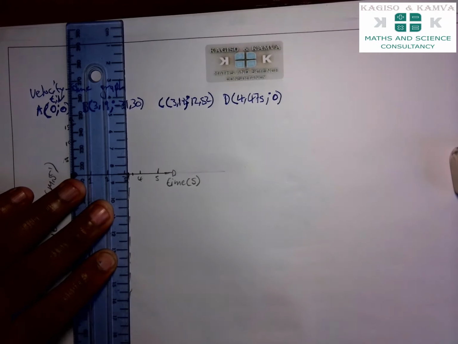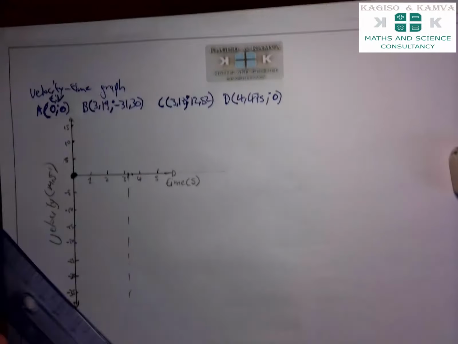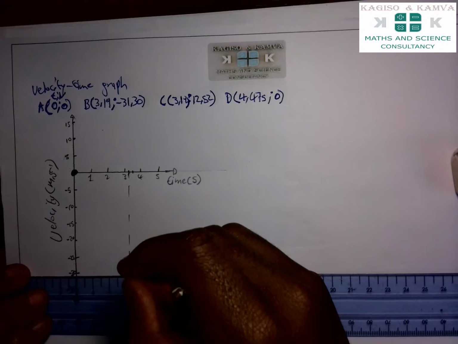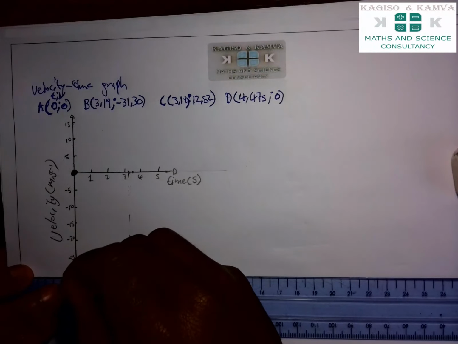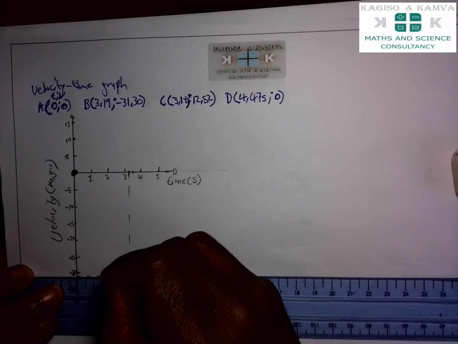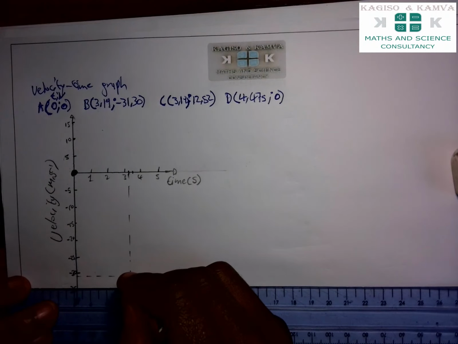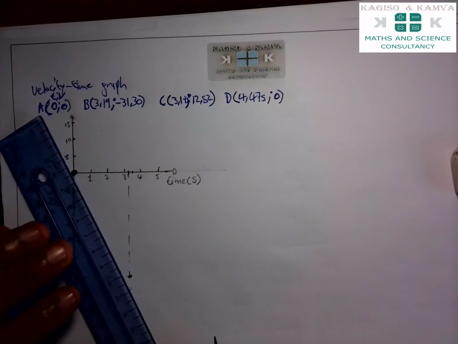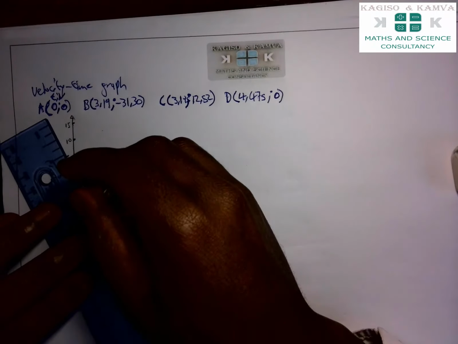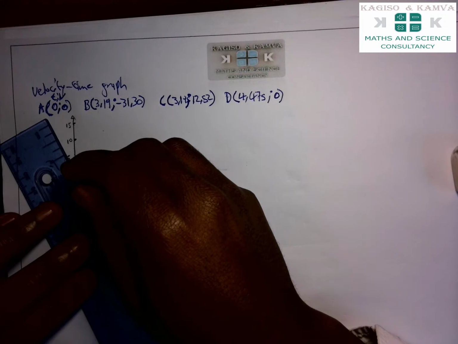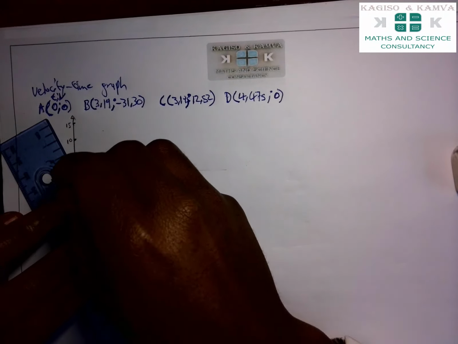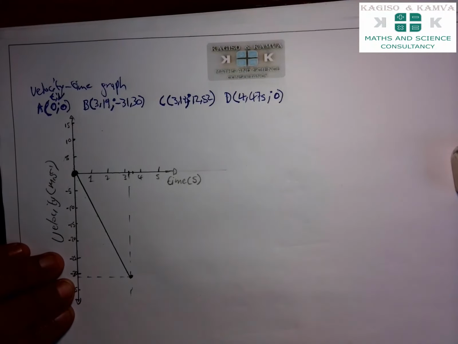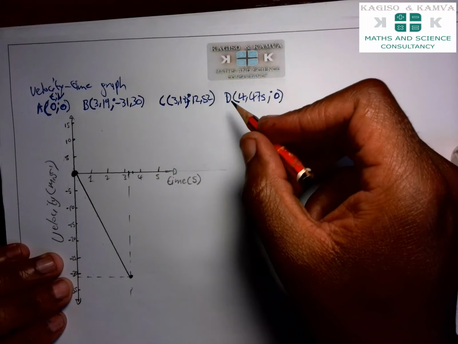We go straight to negative 31, somewhere there, comma 30. This is going to be our second point, and we join the two like that.